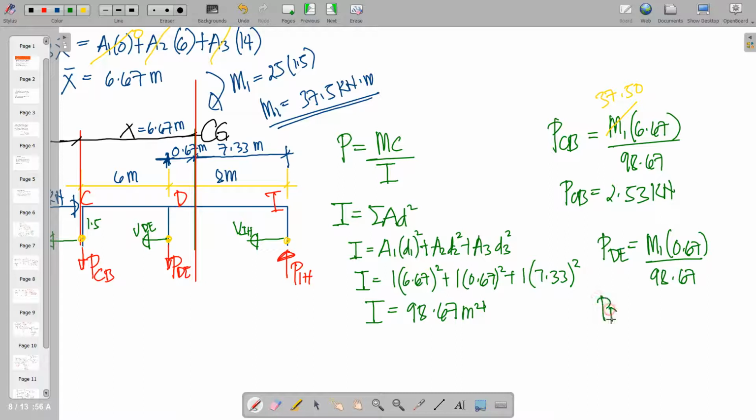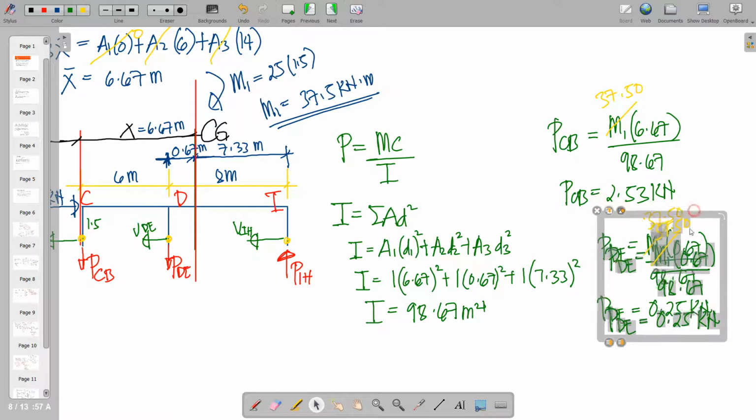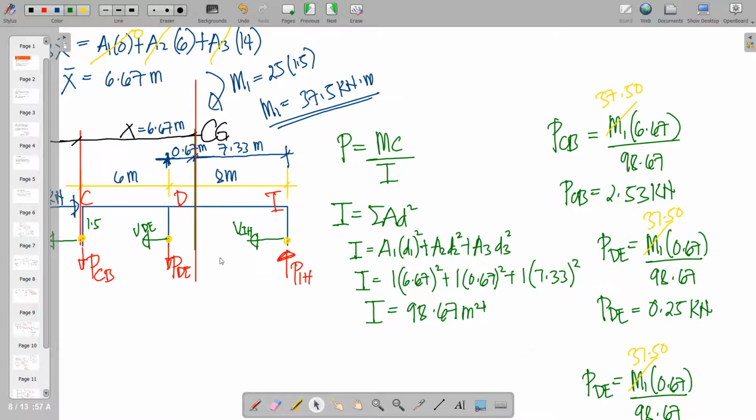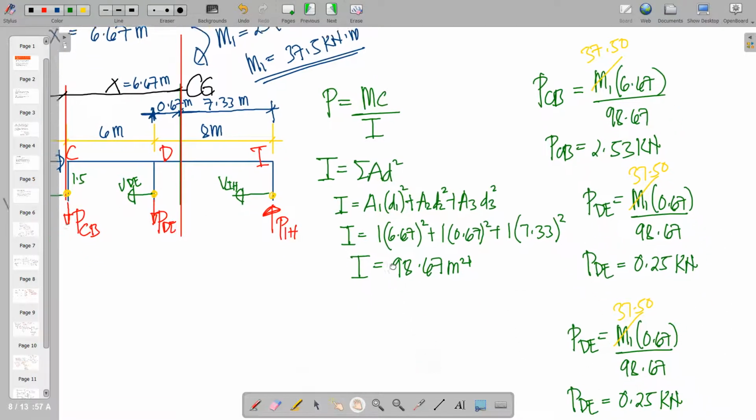For PDE, we substitute again 37.5, and so we have 0.25 kilonewton. Next, let's copy this for IH.